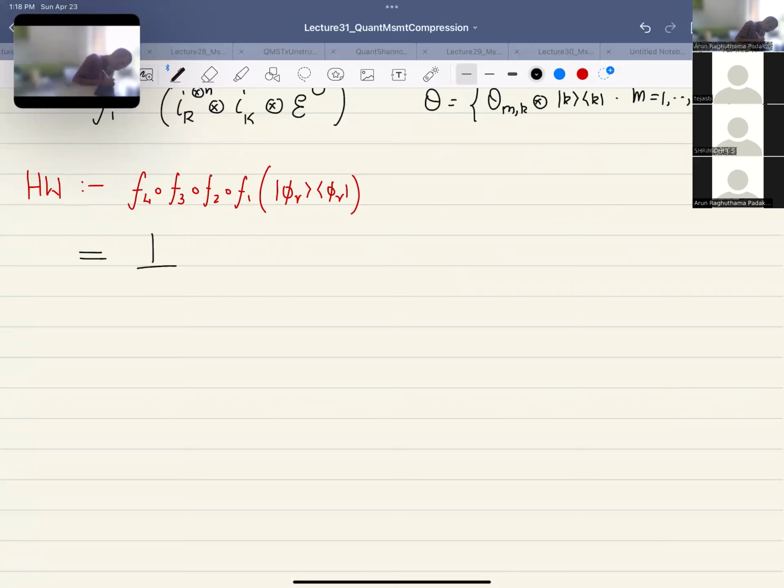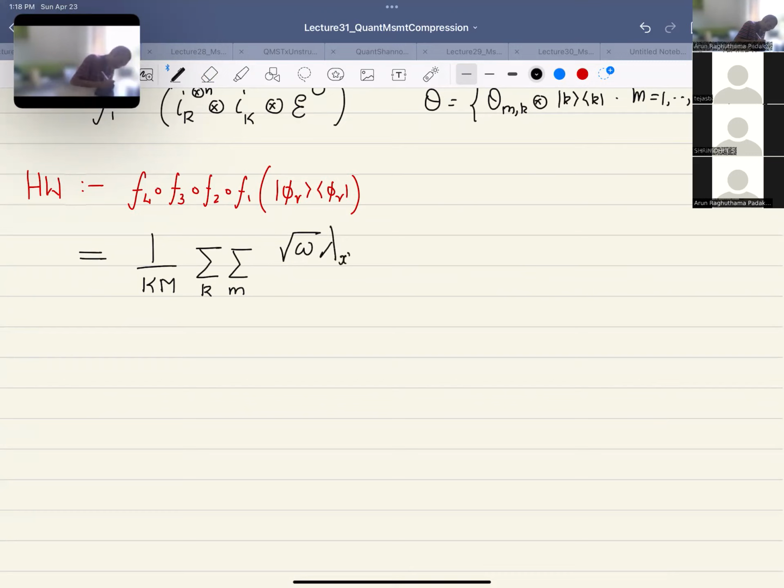1 by k times m, k, m, root omega. The SKs disappear as I told you.